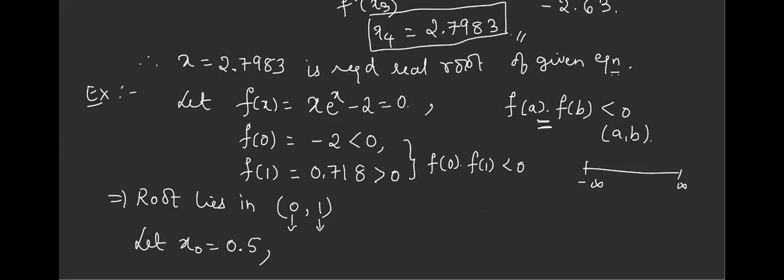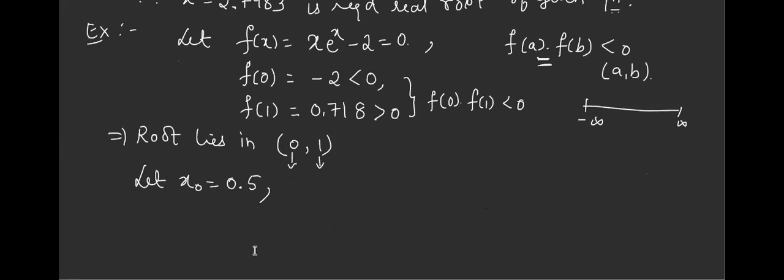Because this is some approximation, I'm just taking a nearer value, that's all. Now, in this Newton-Raphson method, along with f of x, what is required? f dash. What is the derivative of x e raised to x minus 2? Product rule: x into e raised to x plus e raised to x into 1, minus the derivative of 2, which is 0.